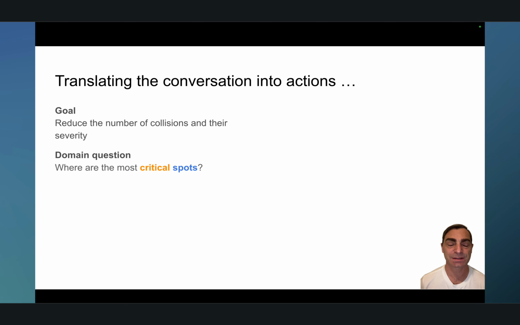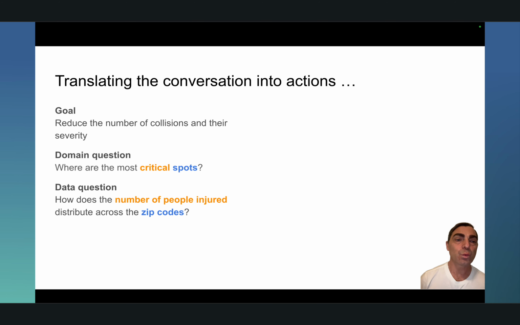These two elements can have different interpretations or different translations once we look into the data in order to answer this original question. So one possible data question that is a translation of the domain question is, how does the number of people injured distribute across the zip codes? Now, this is something we can answer with the data because we know that we have information about the zip codes and we also have information about the number of people injured in every collision.